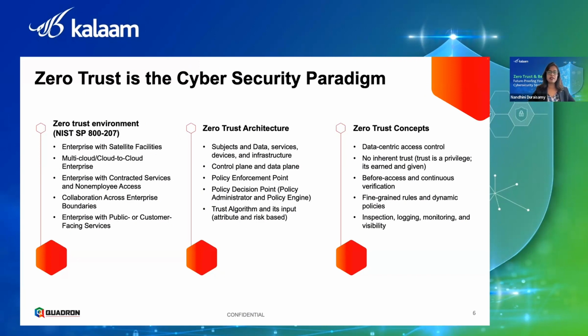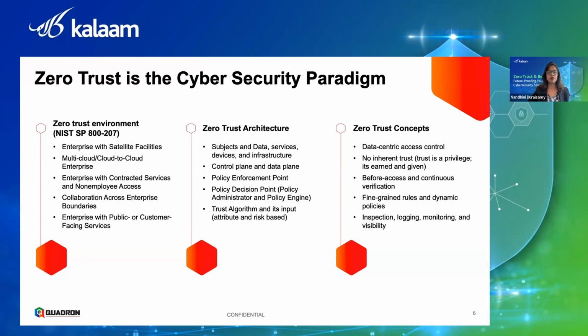Collaboration across enterprise boundaries. This is basically the data sharing between an organization and third-party vendors, external partners, suppliers, or clients. How do you make sure that the collaboration is secure between these entities? And the last is the enterprise with public or customer-facing services, like an e-commerce portal. This is any enterprise that provides services or applications directly to the public or customers over the internet.